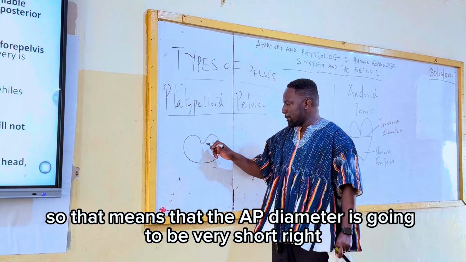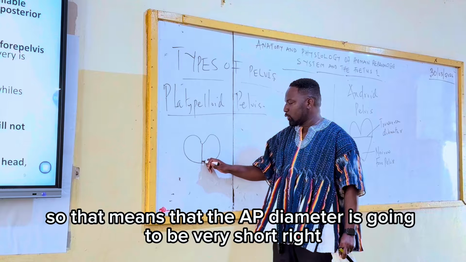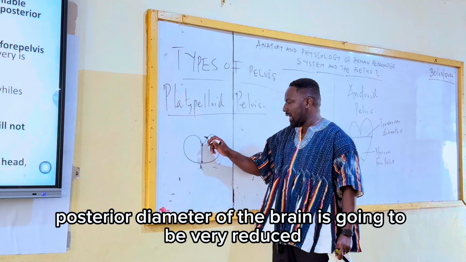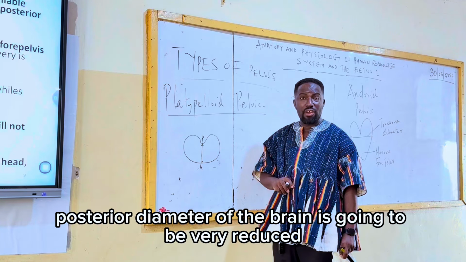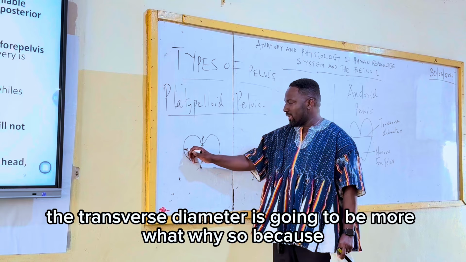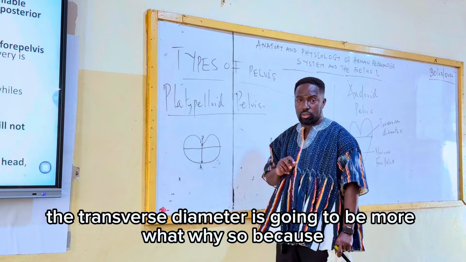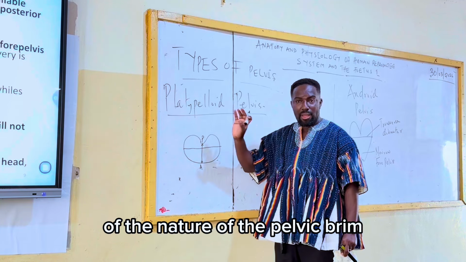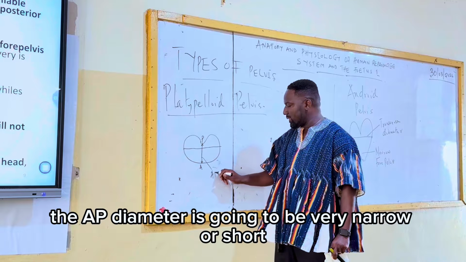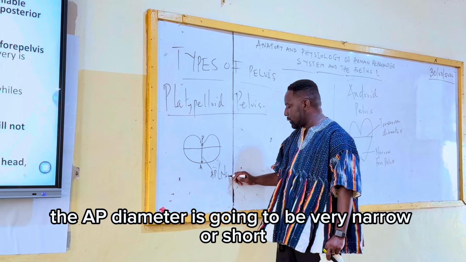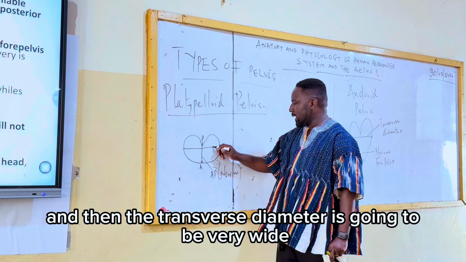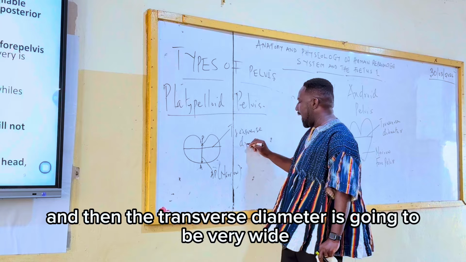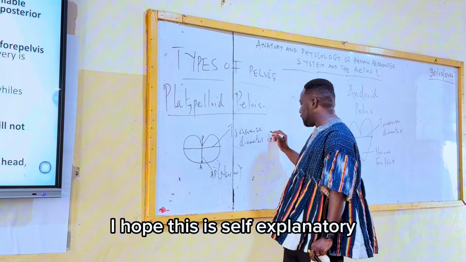So that means that the AP diameter, the anterior posterior diameter of the brim, is going to be very short or reduced. However, the transverse diameter is going to be more wide. I hope this is self-explanatory.